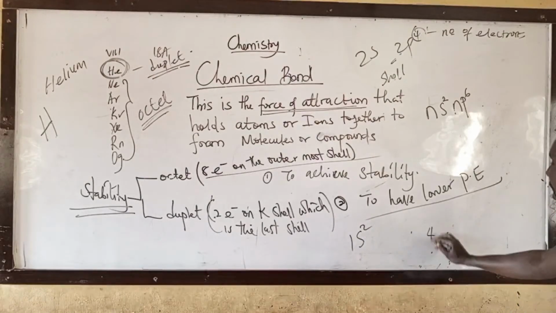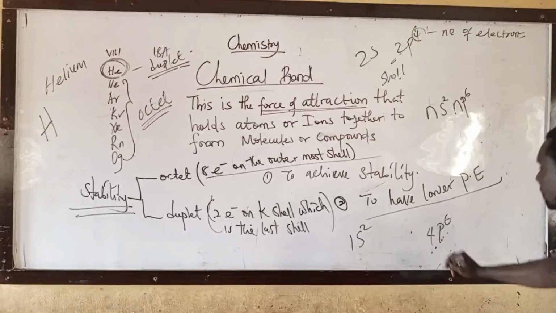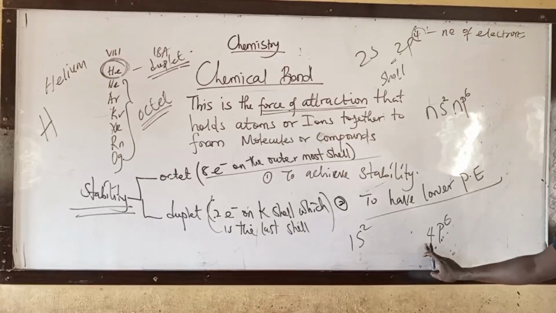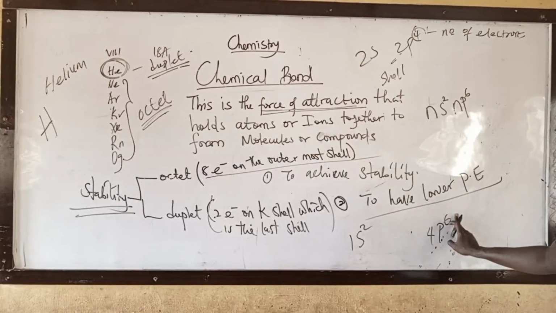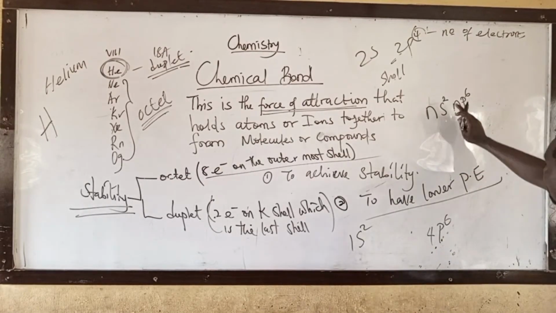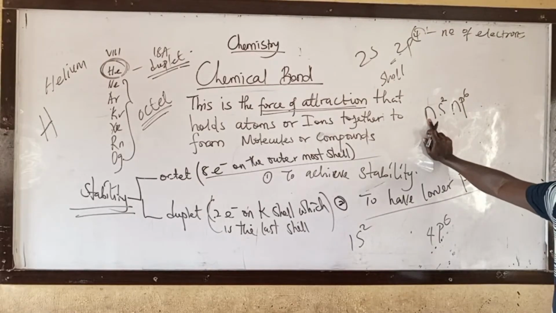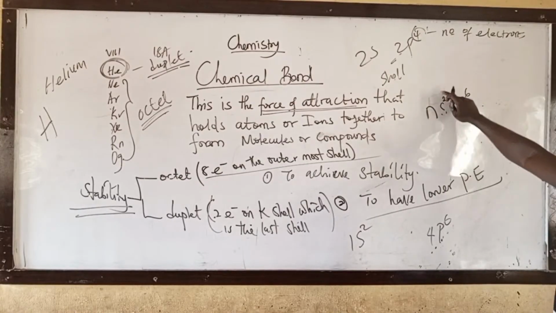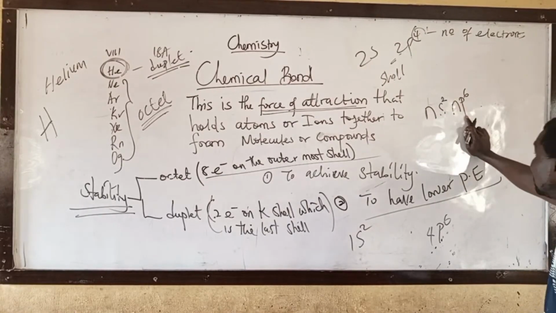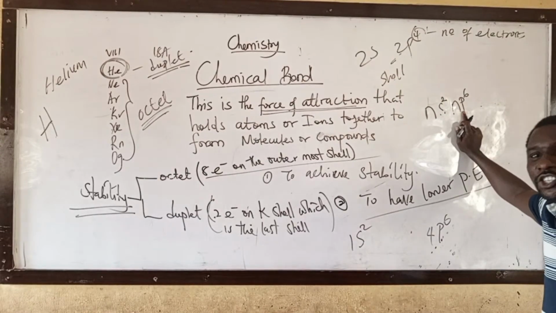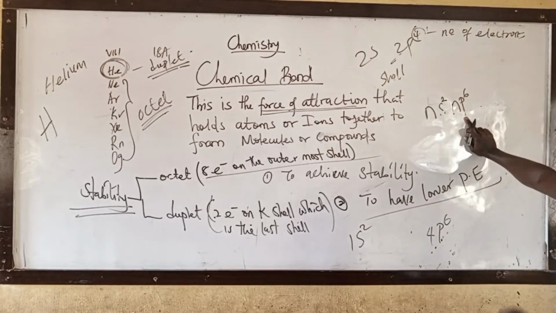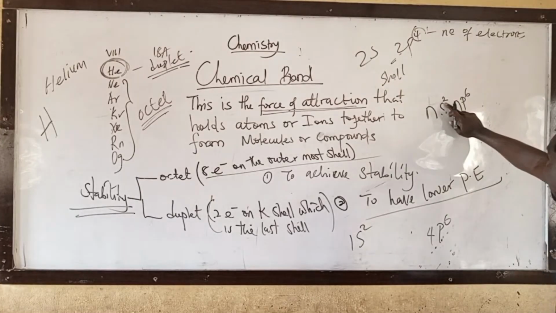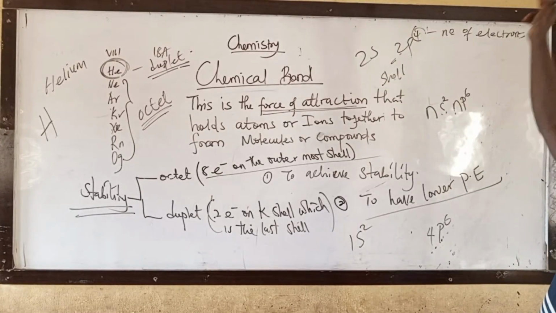If I write 4p6, this p can be found in the fourth shell, and this p has 6 electrons. That means this s can be found in the nth shell and has 2 electrons, and this p in the nth shell has 6 electrons. Together, that is 8 electrons on the outermost shell.